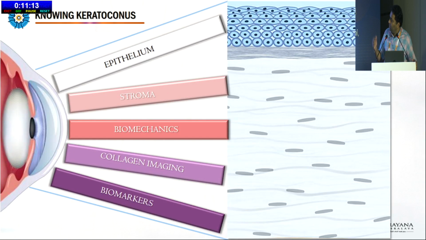When you look at the diagnosis anatomically, you look at the epithelium, the stroma, the biomechanics, imaging, and also things which are beyond just the imaging perspective, the biomarkers, some of which may relate to what Dr. Namrata just mentioned today.